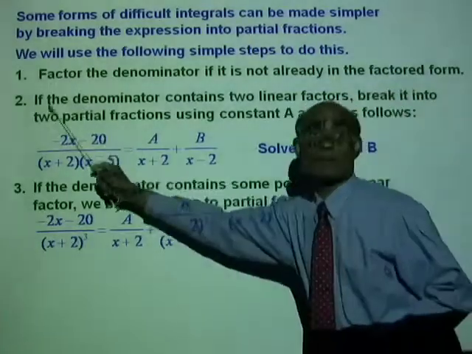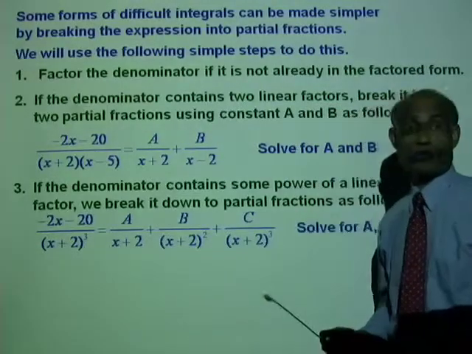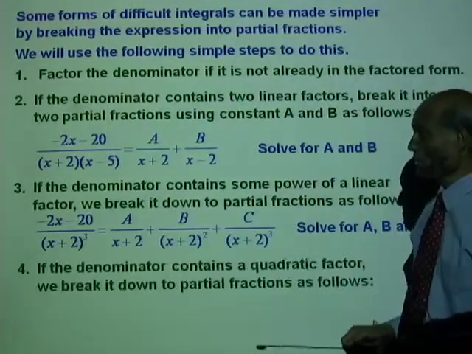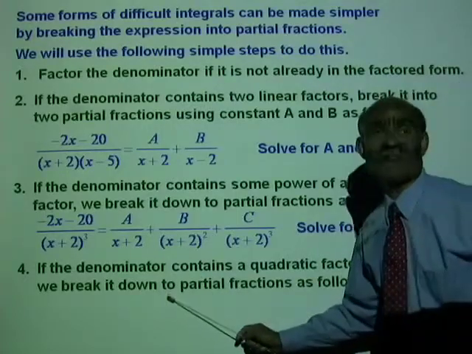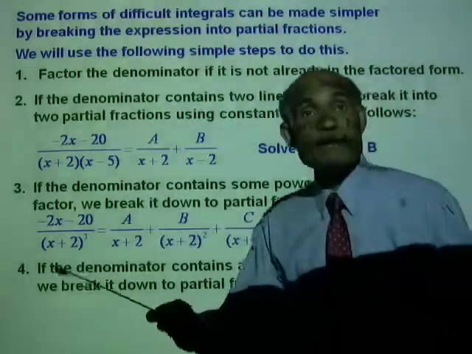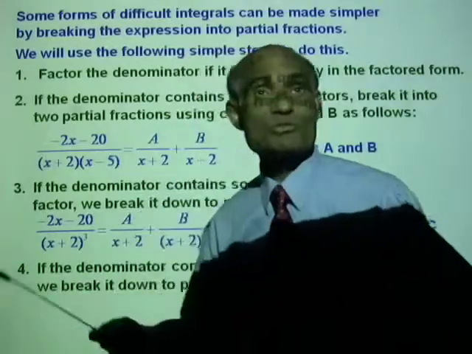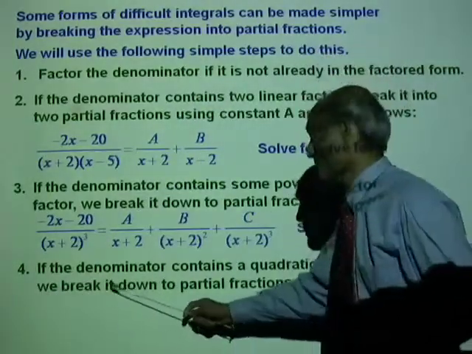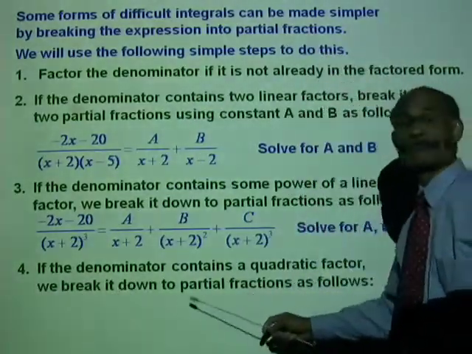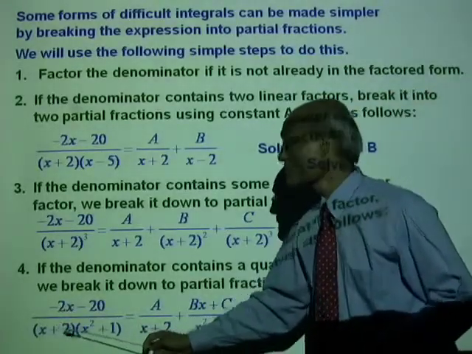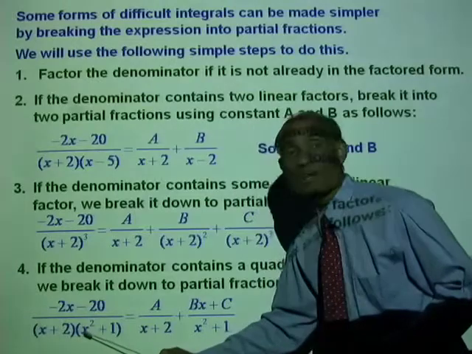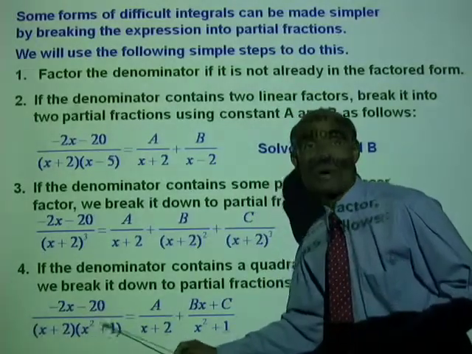Alright, so we have 3 rules. There is one more that will be important for us. If the denominator contains a quadratic factor, like x squared minus 5, or 2x squared plus 1, then we break it down into partial fractions like this. For example, if you have the denominator as x plus 2 times x squared plus 1.